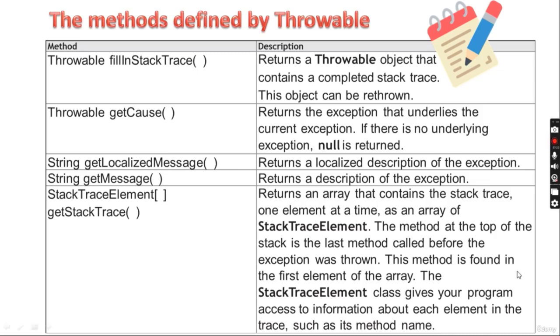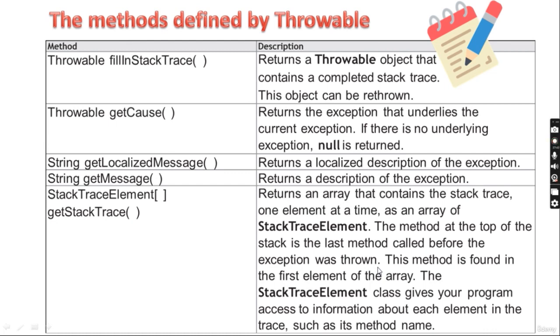All the stack trace elements will be written in this array and you will get them one by one using the index. The method at the top of the stack is the last method called before the exception was thrown, because the stack strategy is first in last out.